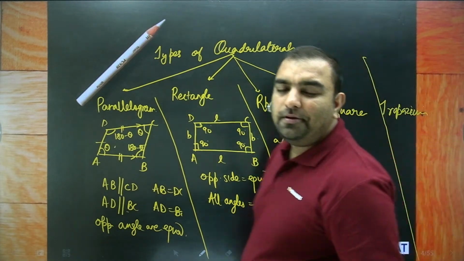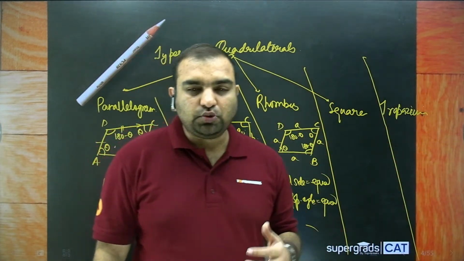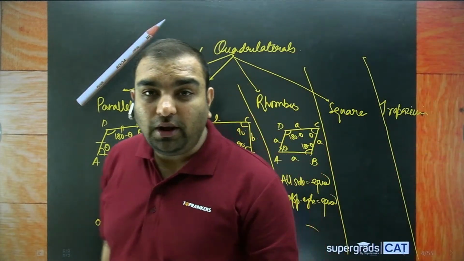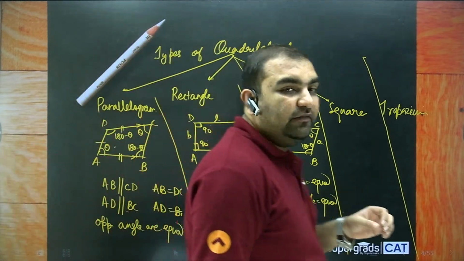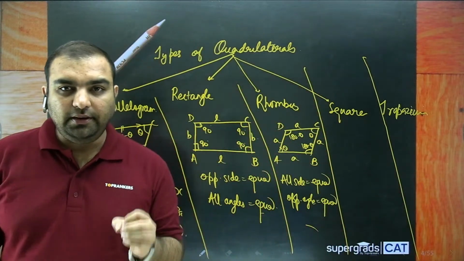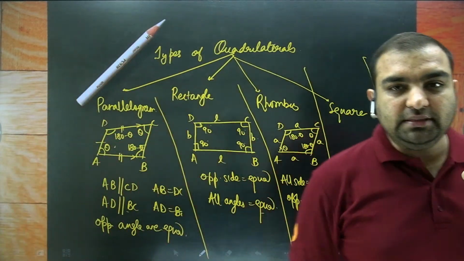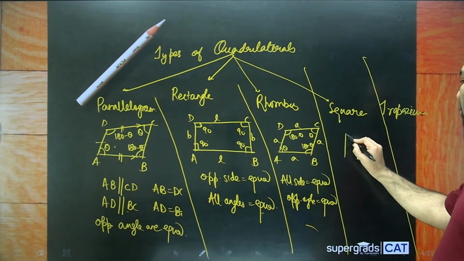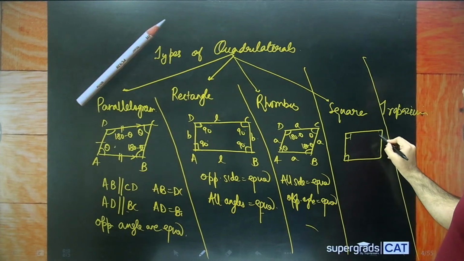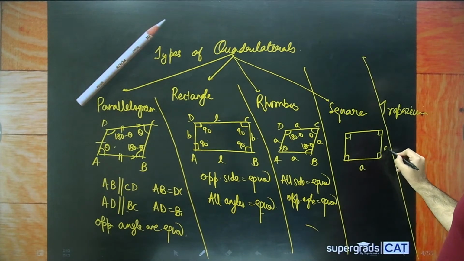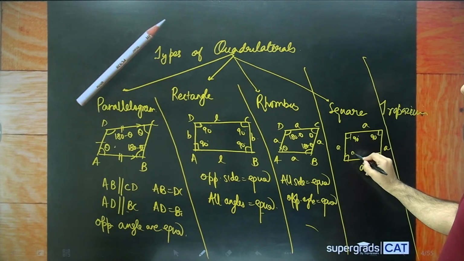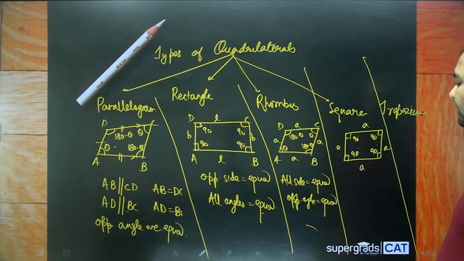A square is the regular quadrilateral. Regular means all sides and all angles are equal. Whenever it is a regular polygon, it refers to all sides and all angles being equal. So when we talk about a square, you will say all sides and all angles are equal, 90 degrees each. It is the most symmetric figure from the family of quadrilaterals.